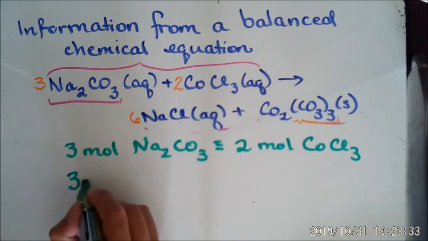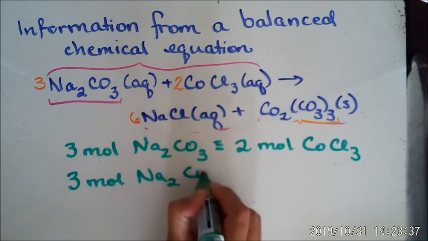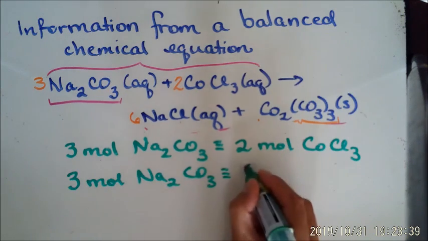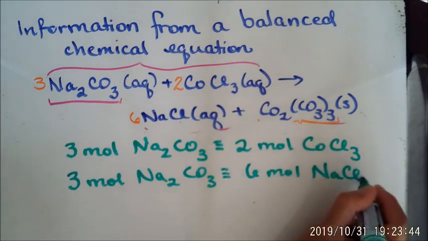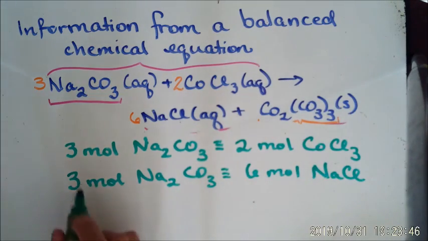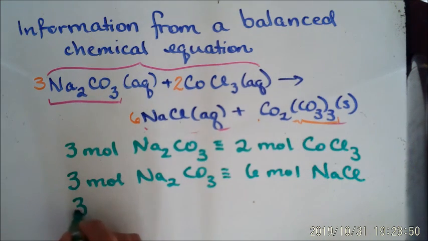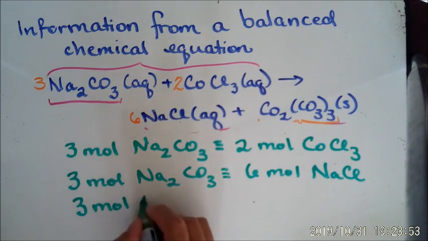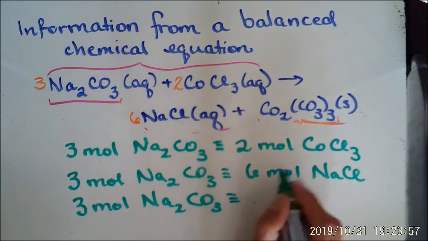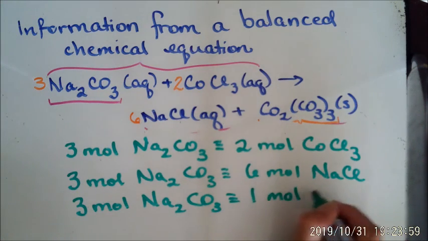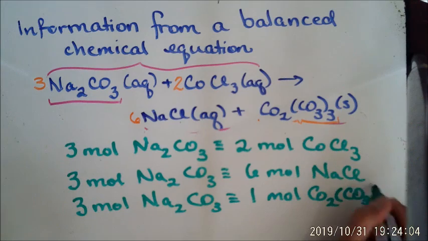I can say 3 moles of sodium carbonate in this reaction will produce 6 moles of sodium chloride. The other thing is we can relate it to our other product. So 3 moles of sodium carbonate can be equivalent to 1 mole of the cobalt-3 carbonate.